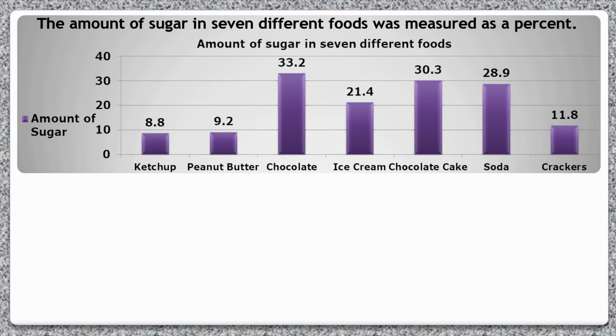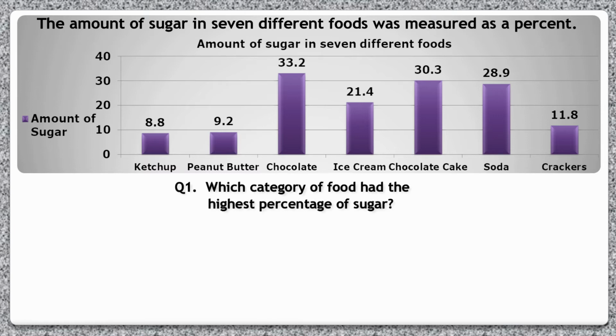Dear children, look at the graph carefully. Now let's try to give the answer for the following questions. First question. Which category of food had the highest percentage of sugar?